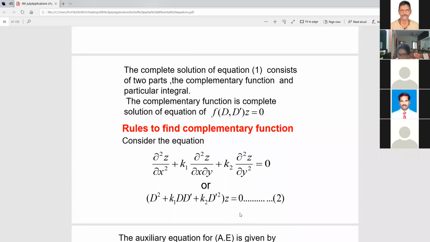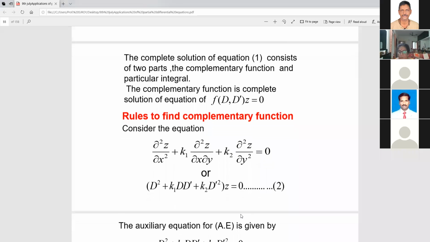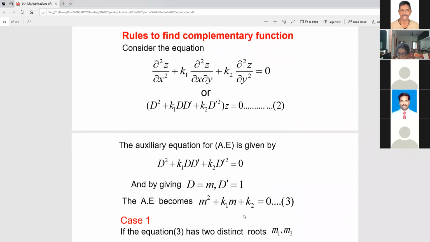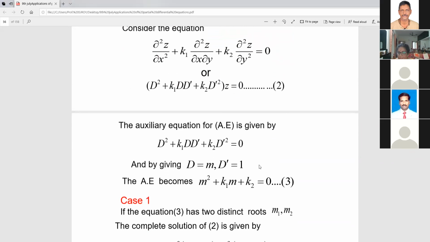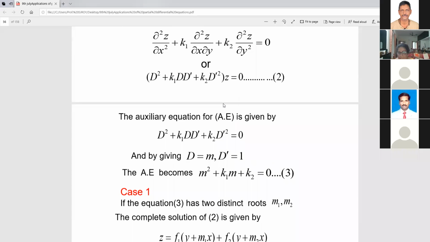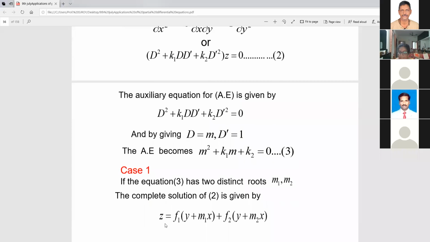From there, if you solve, we'll get the solution as a function of y plus m1x. That's the reason whenever you have this type of homogeneous equation and are able to solve it using those linear factors, we directly get the solution z equal to some function of y plus m1x plus some function of y plus m2x.